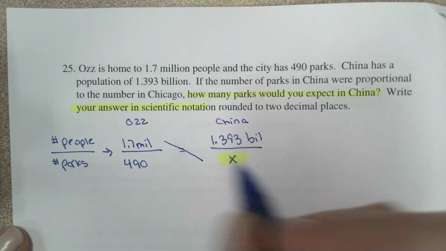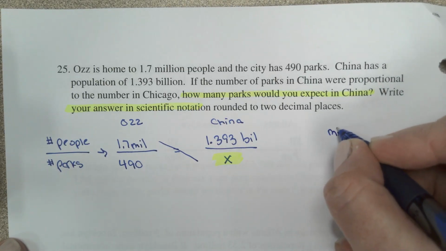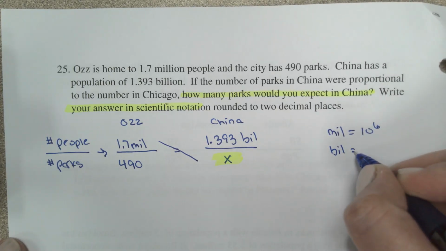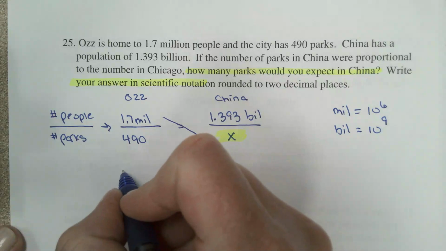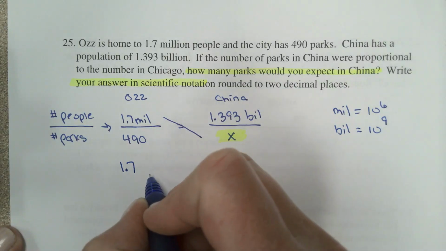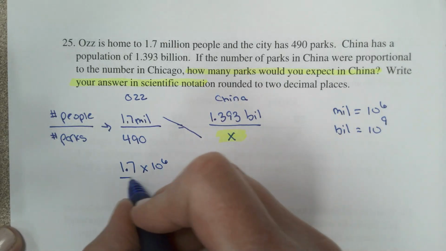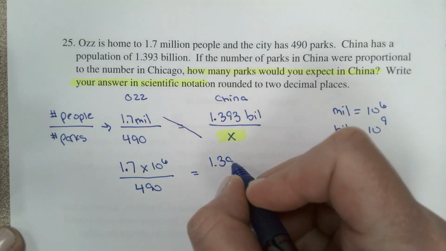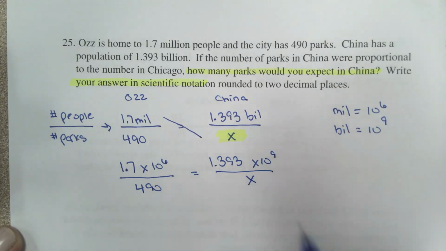Oh, no, I'm going to turn million and billion into scientific notation first. My bad. Okay, so a million is 10 to the 6, and a billion is going to be 10 to the 9th. So I have 1.7 times 10 to the 6th power over 490, 1.393 times 10 to the 9th over x.